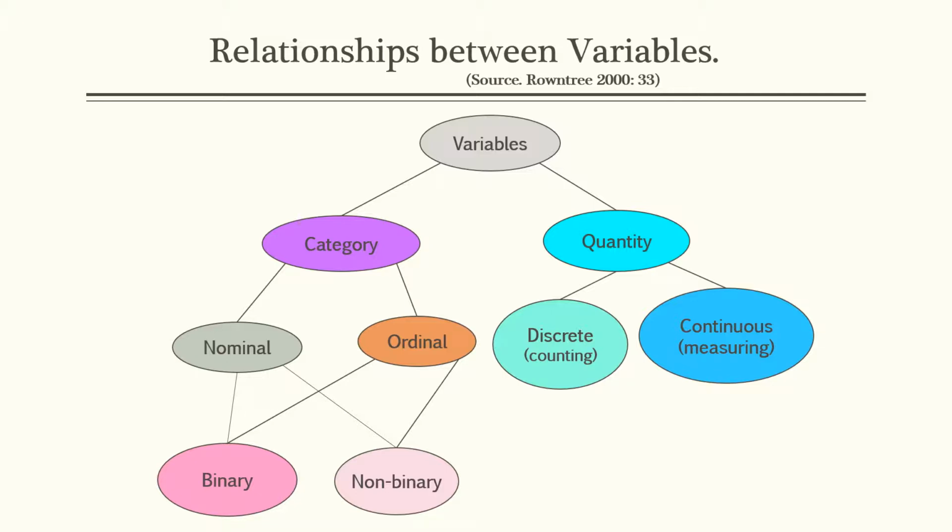The category is then divided into two: nominal and ordinal. However, the nominal and ordinal share two types of data: the nominal can be divided into binary and non-binary, as well as the ordinal. In the quantity, you only have two divisions: it could be discrete or continuous.